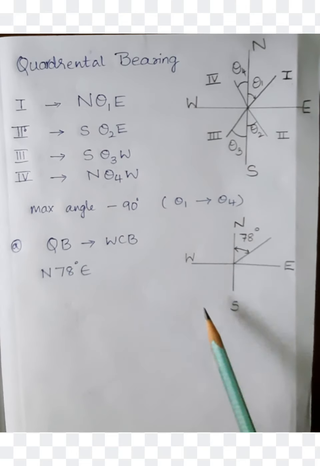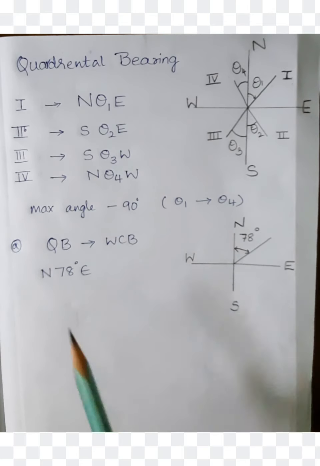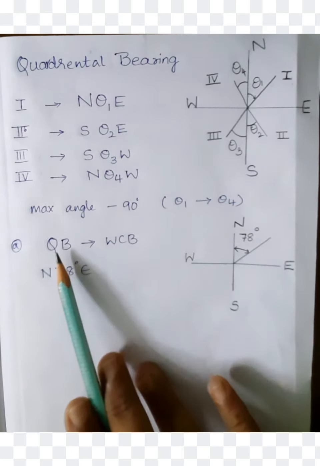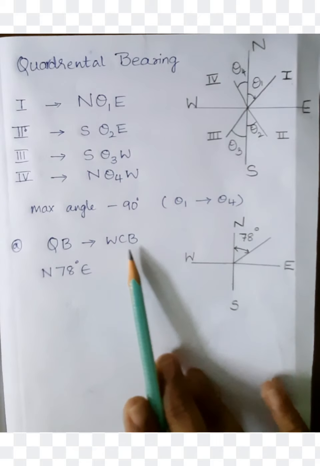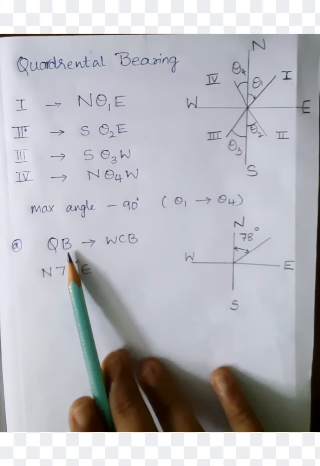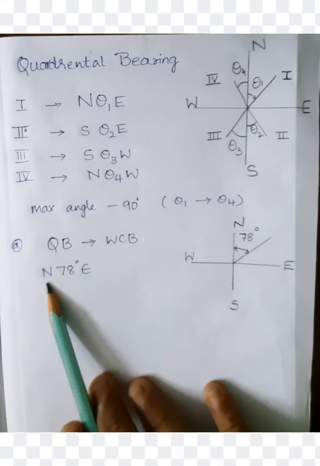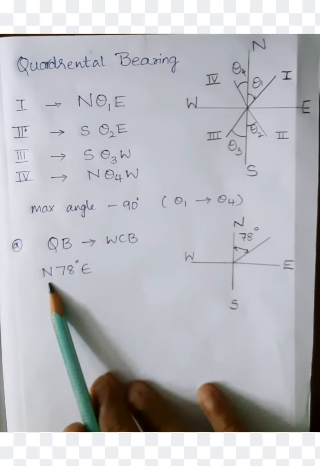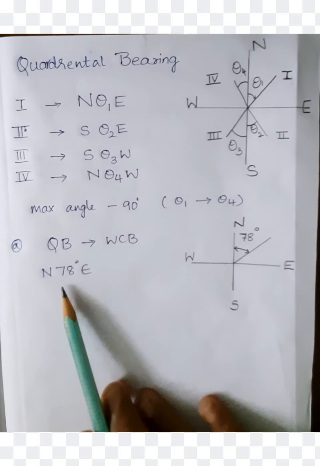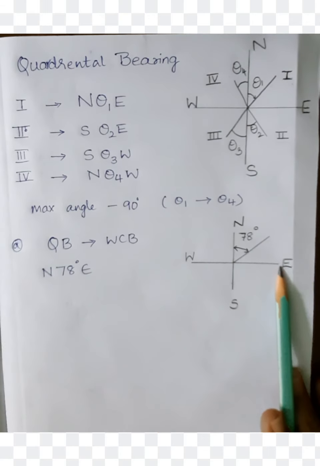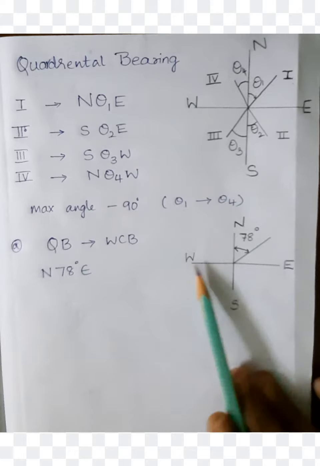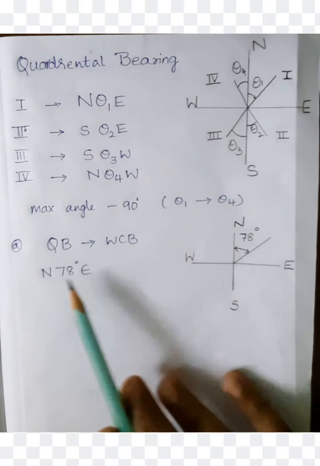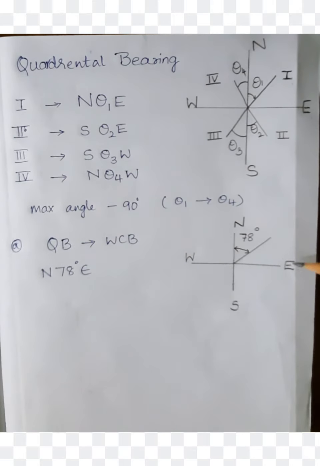Suppose you consider a problem converting quadrantal bearing to the whole circle bearing system. The quadrantal bearing angle is given as north 78 degrees east. First you determine which quadrant this angle belongs to. I have taken this quadrant system, and northeast falls under the first quadrant.